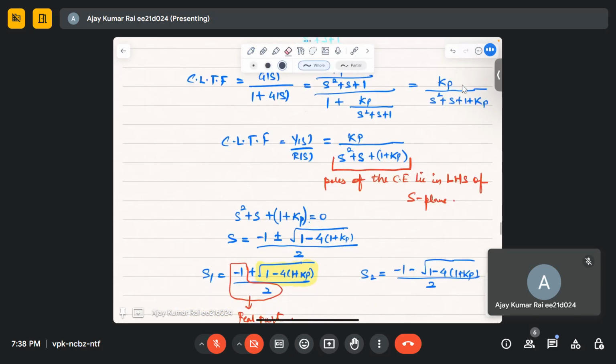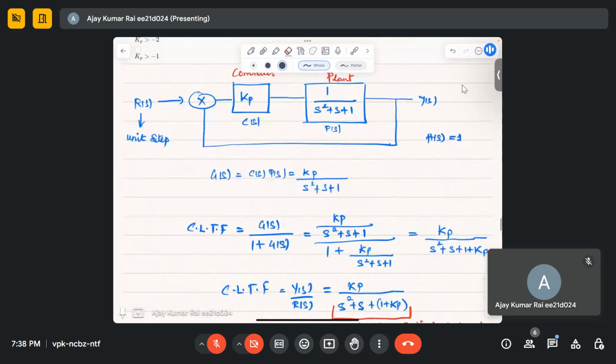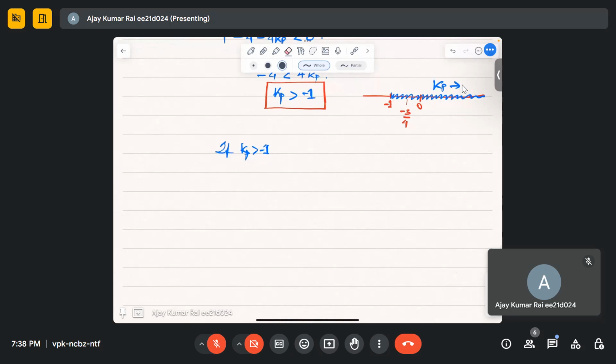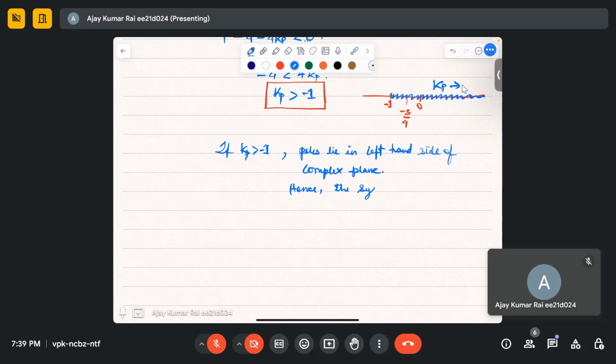So what they have asked is whether this closed loop system is stable. If Kp is greater than minus 1/2, poles lie in the left hand side of the complex plane, hence the system is stable. Closed loop system is stable.